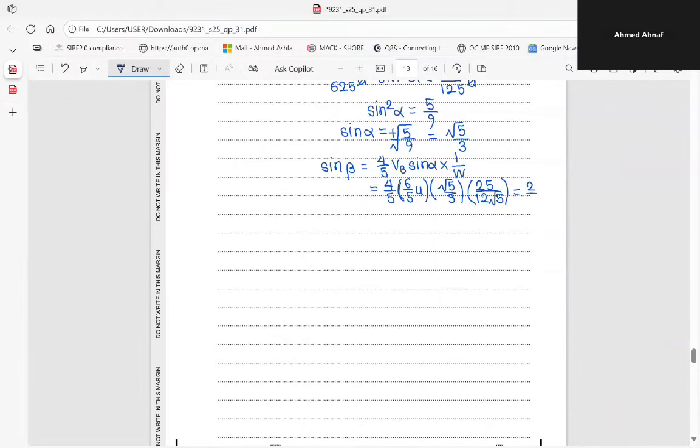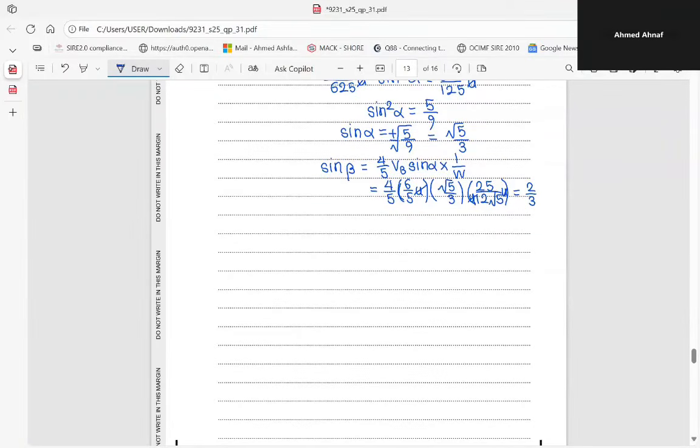You get 2/3 u. Oh wait, the u's are supposed to cancel out, so you just get 2/3 for sine beta.